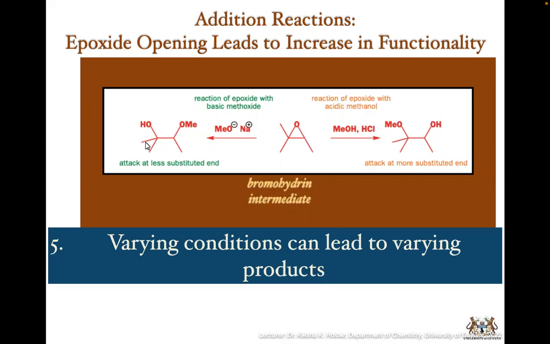And that's the reason why your product is such that the methoxide is attached at this position here, while the oxygen is on the left. Now this oxygen is what was originally a part of the epoxide in the molecule in the beginning.